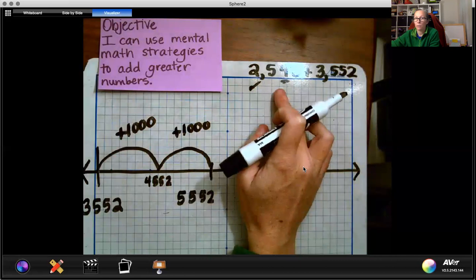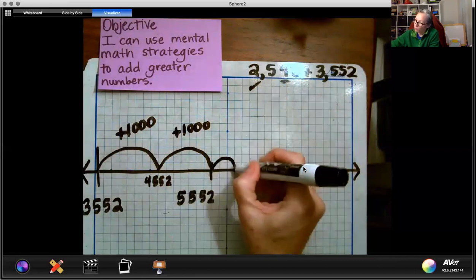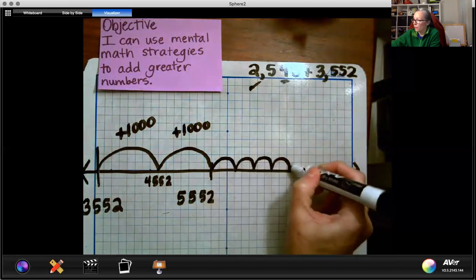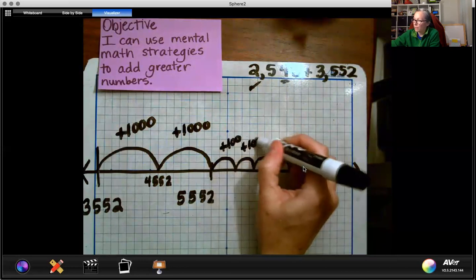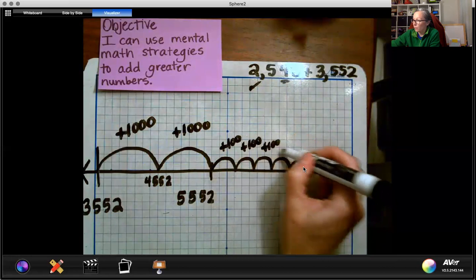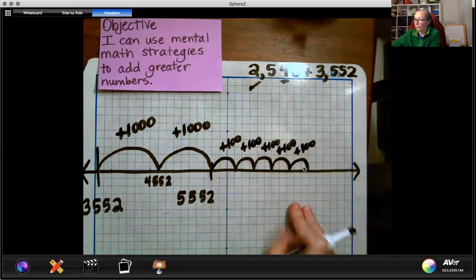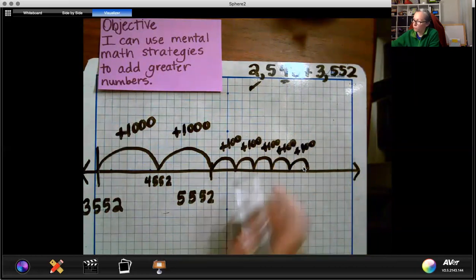Now I'm going to look at the next place value, where I'm going to jump up 500s. So I'm going to make smaller jumps, as I am in the hundreds place now, and I'm jumping up 500s. Some kids like to write each hundred. Some can keep track by just writing plus 500, whichever works for your student. Now I'm going to count by hundreds from 5,552.